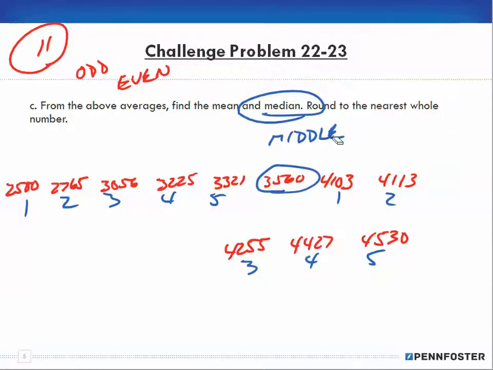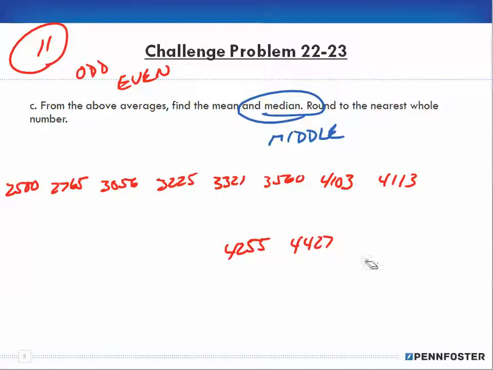But let's just say, as an example, we had an even number of data. To find the median for an even number of data, let me erase one of them here, and I'm going to squinch them in so they fit.